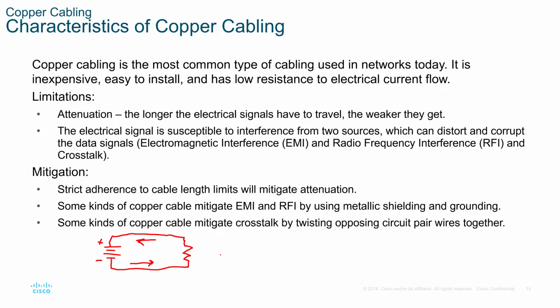Now, when an electrical current flows through a wire, surrounding the wire you have magnetic lines of flux. Because the current flow goes in the opposite direction up above, the magnetic lines of flux are exactly opposite.